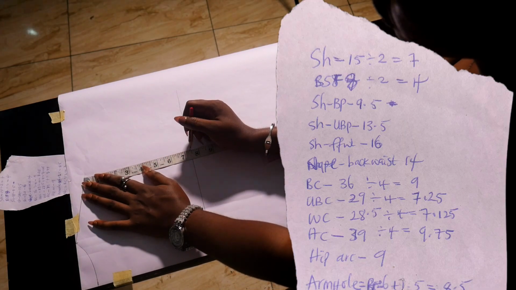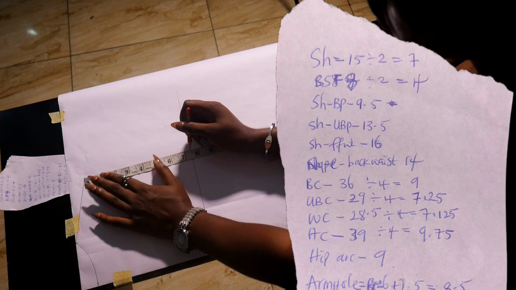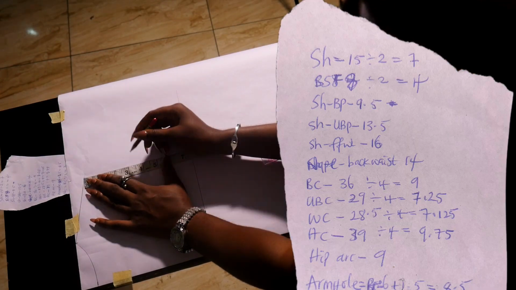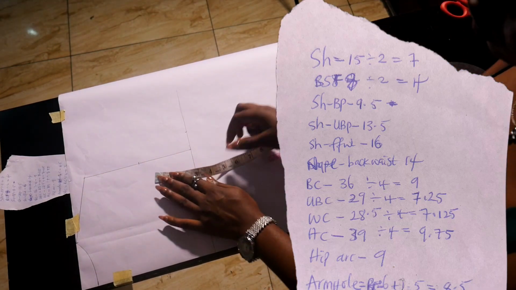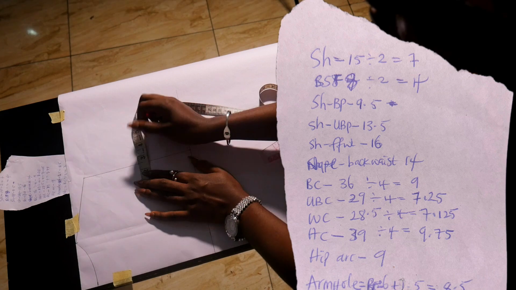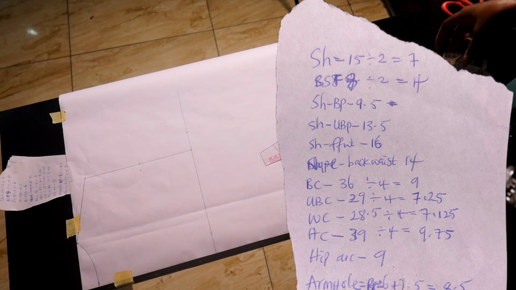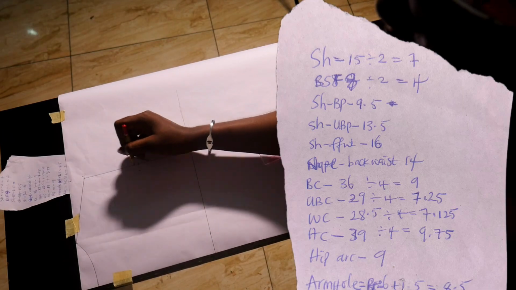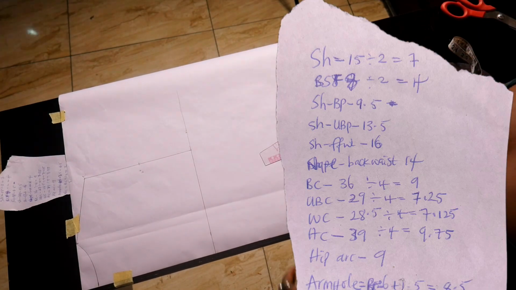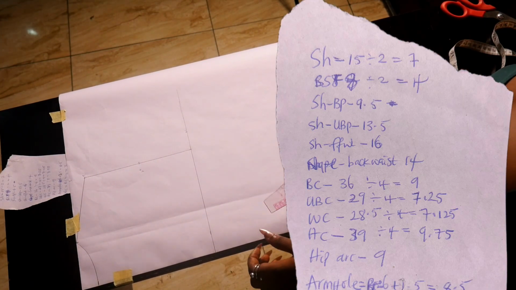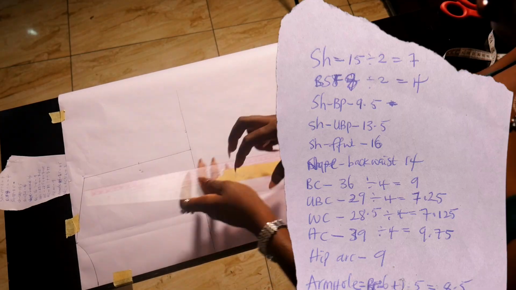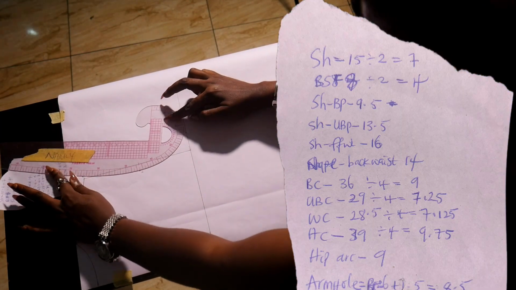In front we had 7, but at the back now we have 7.5. 7.5 divided by 2 is 3.75. And again, we are going to go in by 0.5. And then we're going to connect point A to B to C using a curve ruler, also in one smooth curve.